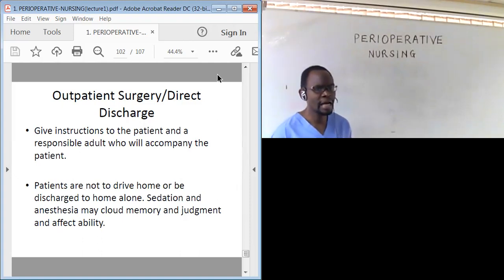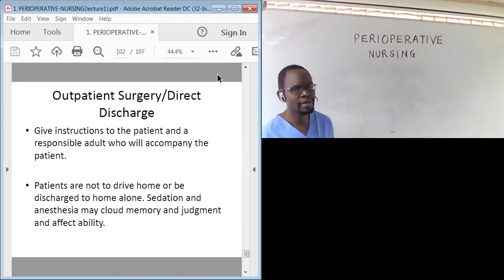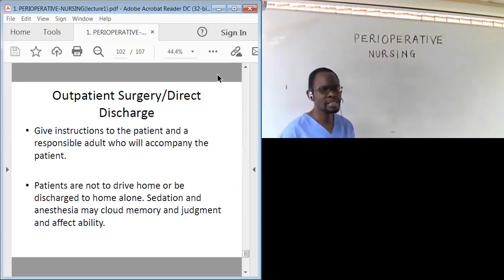Sedation and anesthesia may cloud memory and judgment. So such patients need to be driven home, because they cannot drive themselves due to the effects of anesthesia and sedation.